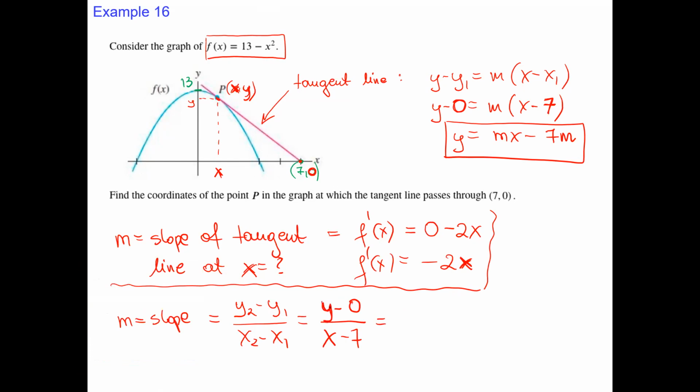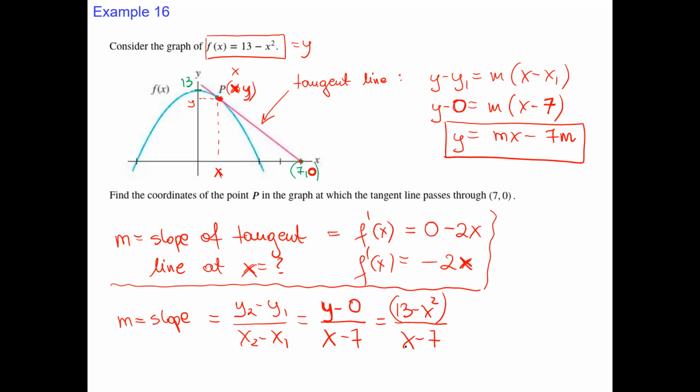Instead of y, we can see that x, y is on the graph, on the parabola, so this y satisfies the formula of the function 13 minus x squared. So this is 13 minus x squared over x minus 7. Excellent.